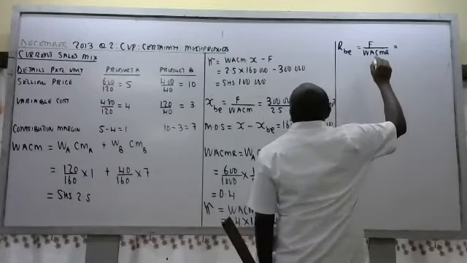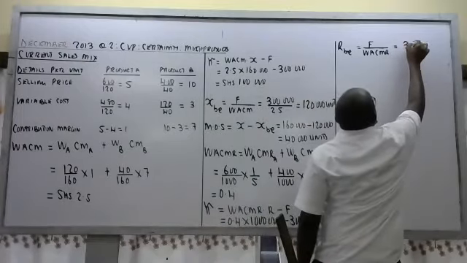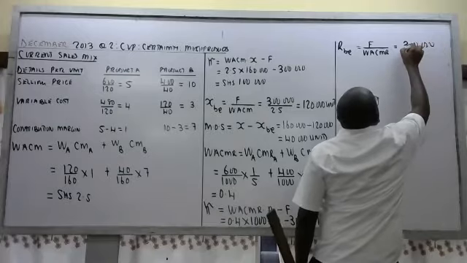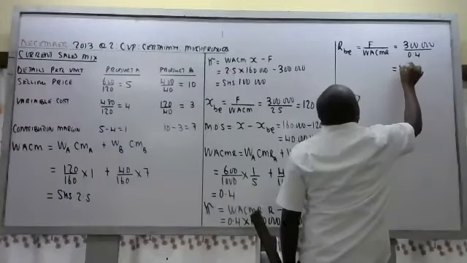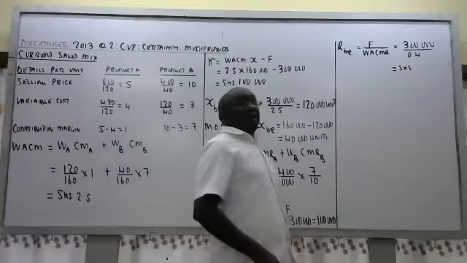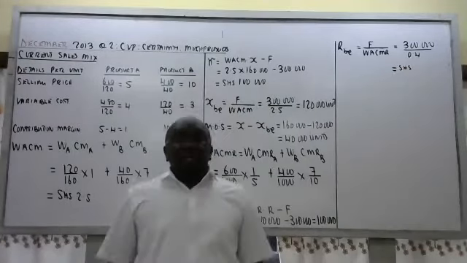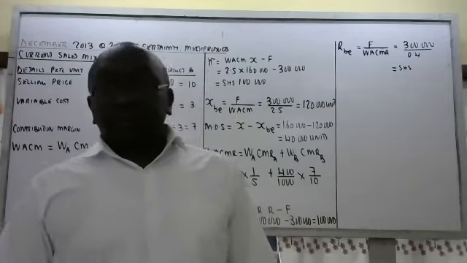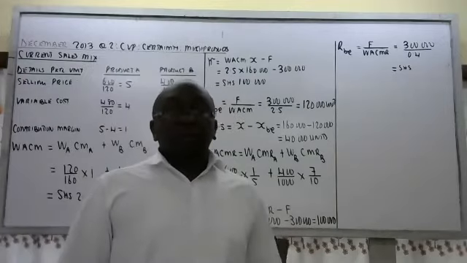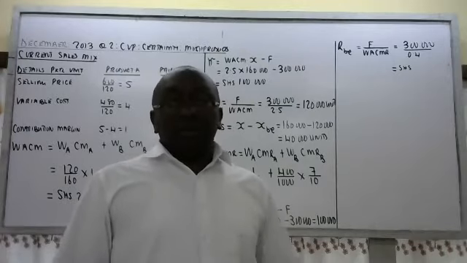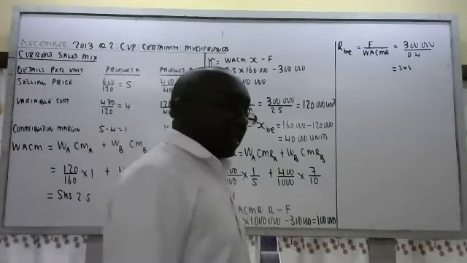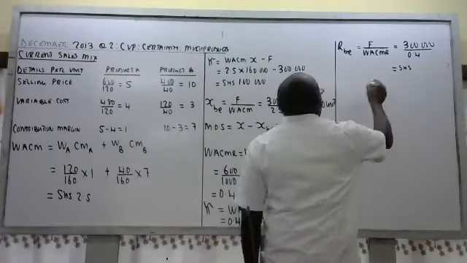So this will be 300,000 divided by 0.4. That becomes what? 750,000 shillings.